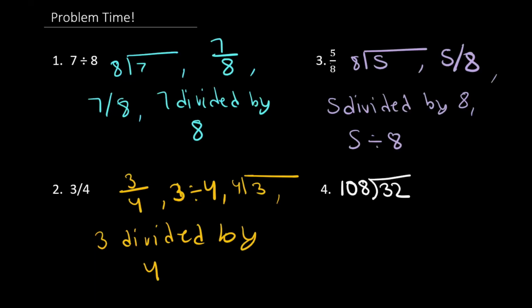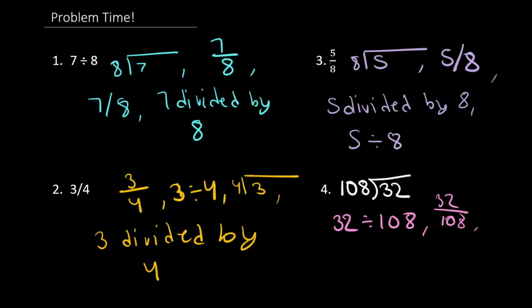The fourth question gives us 32 divided by 108. So 32 divided by 108, that's a way. And then 32 over 108.